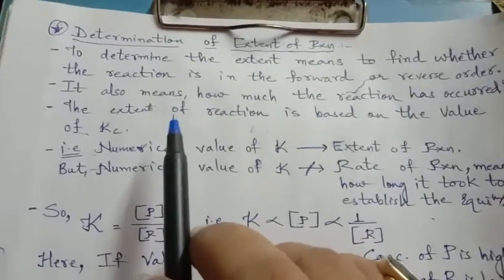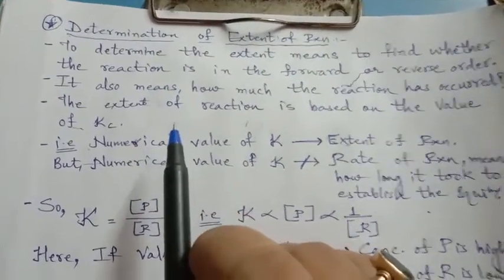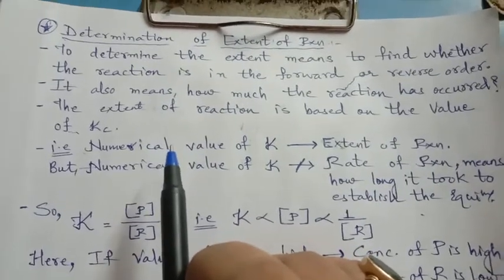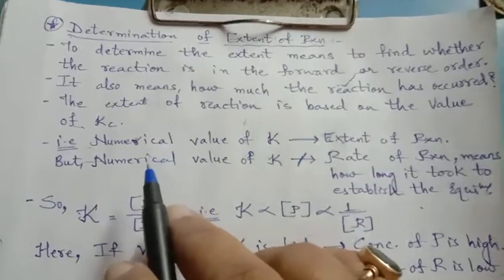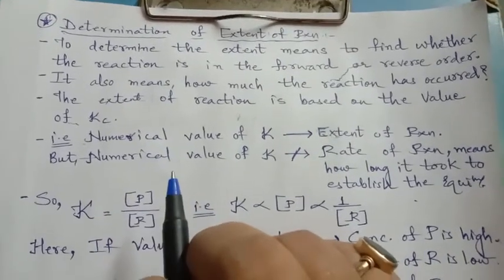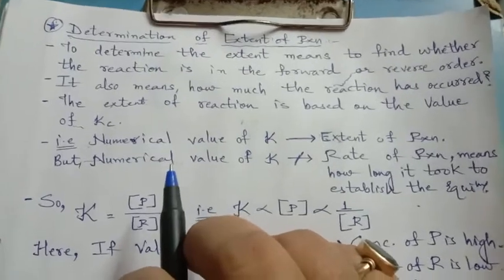Now, let us see the application of equilibrium constant, which is applied to determine the extent of reaction, to determine the direction of reaction, and to determine the equilibrium concentration of the reaction.